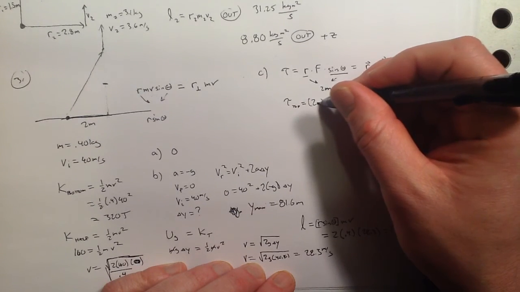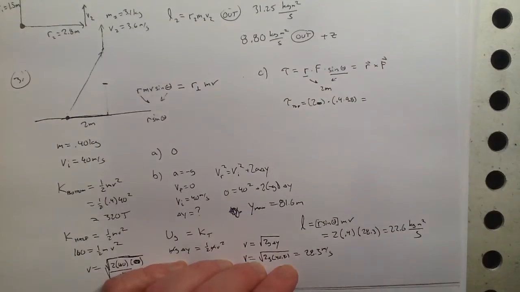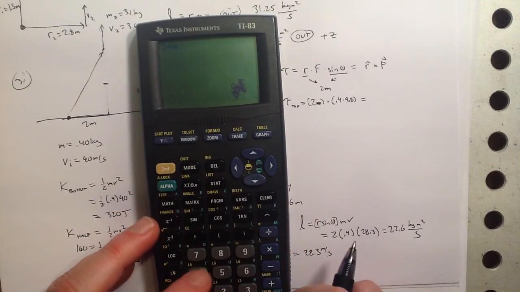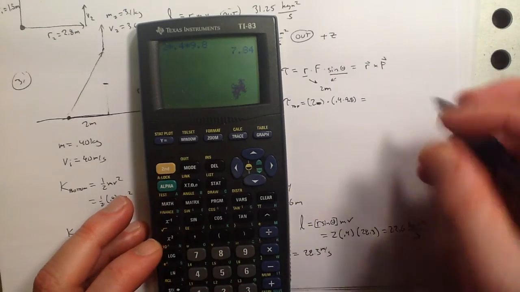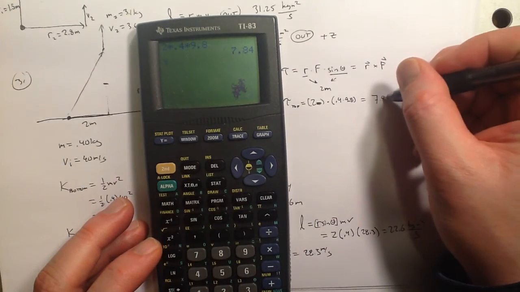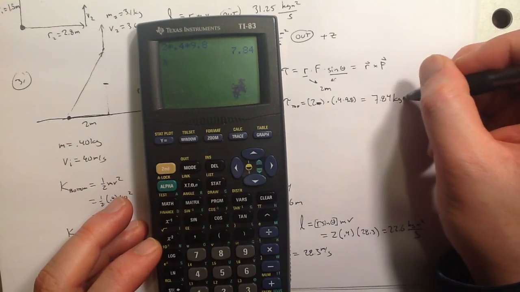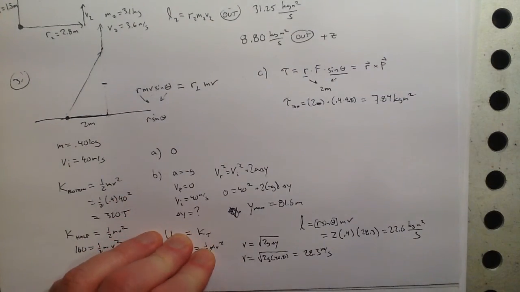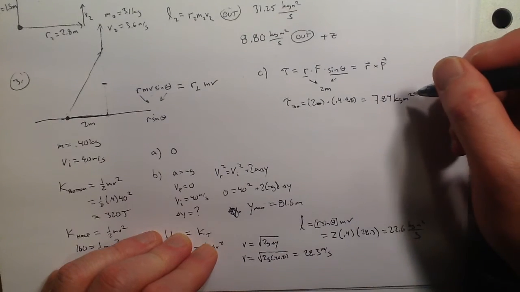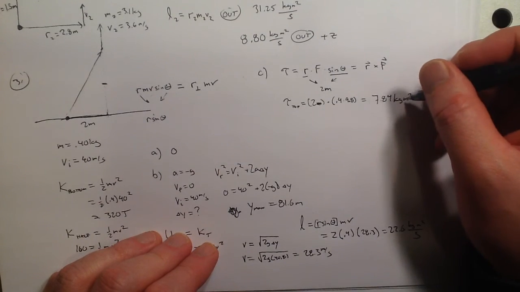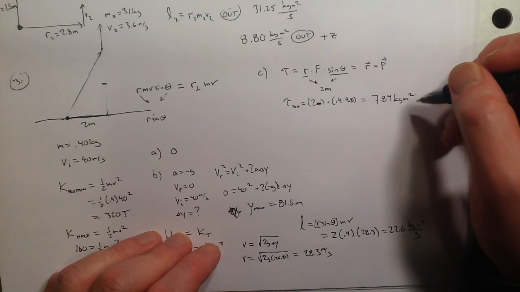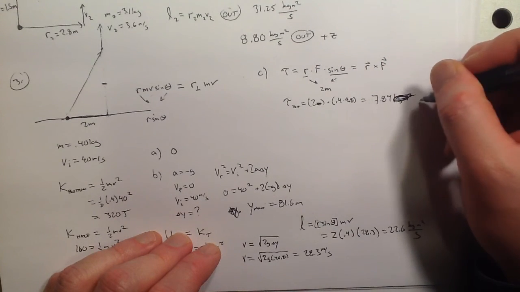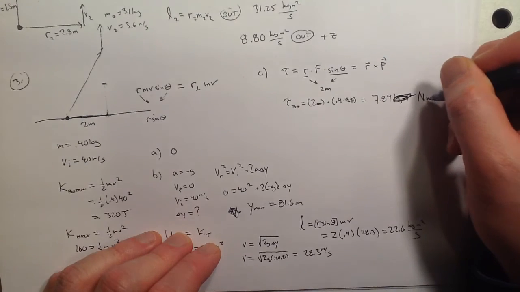So that's 2 times 0.4 times 9.8, which is 7.84 kilogram meters squared. Are those the units for torque? No, they're not. Units for torque are a force times a radius, so it's Newton meters. Sorry about that. That's the units for I. Newton meters.